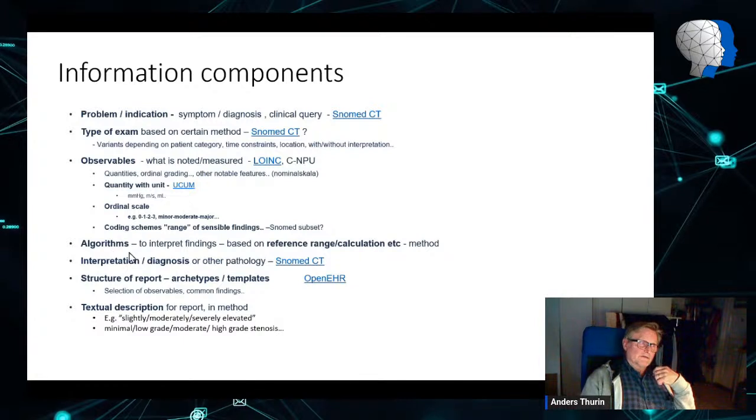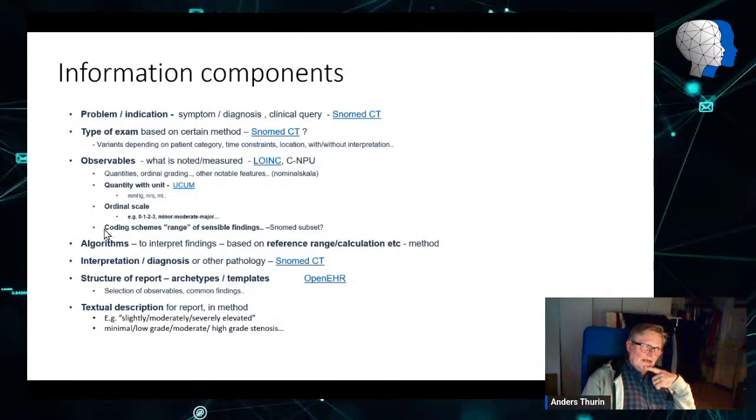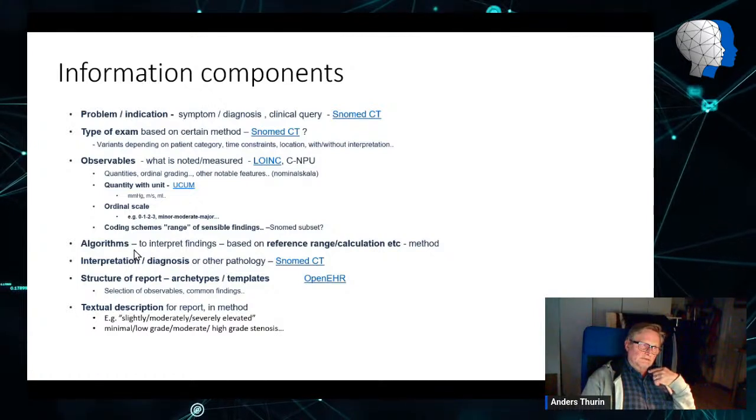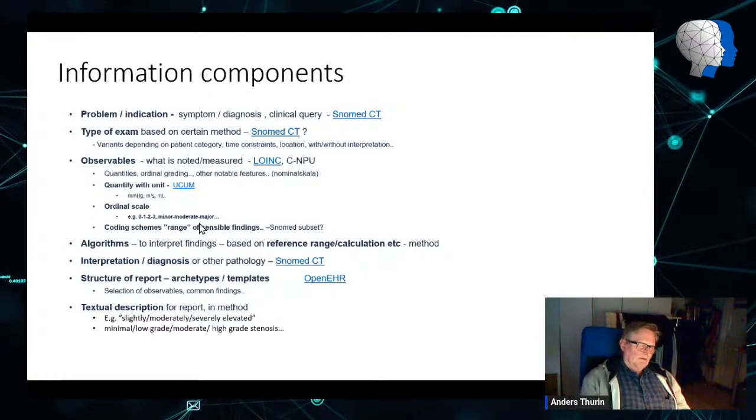And also algorithms to interpret findings could be cataloged and listed in a source, which is what I mean by calling it an information component.